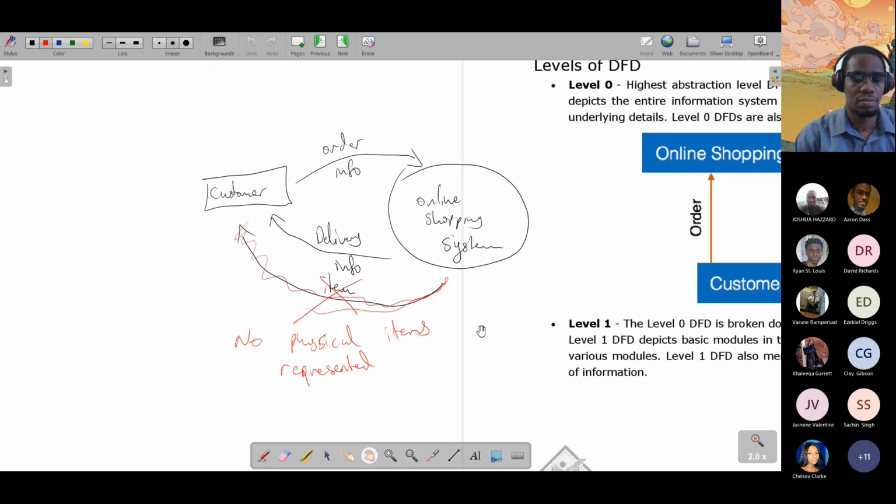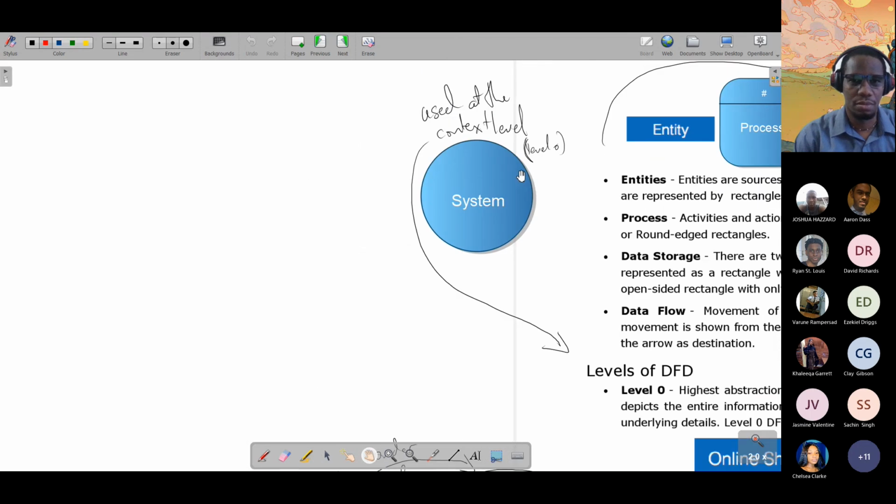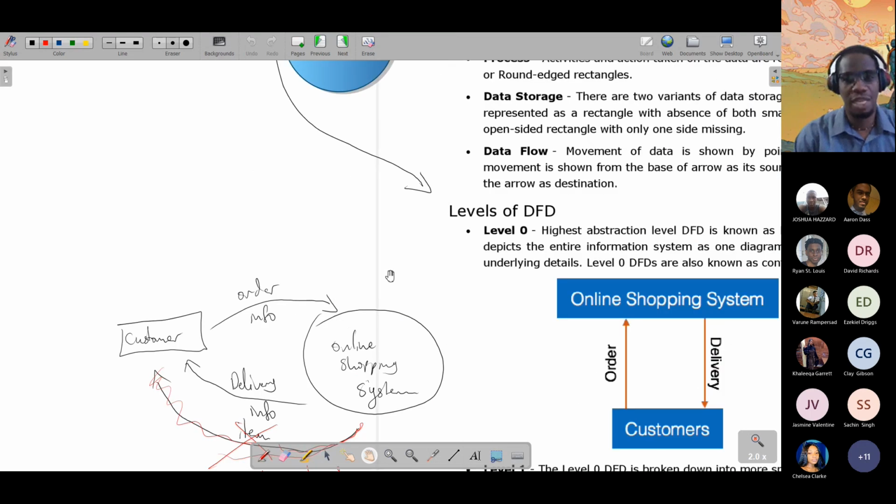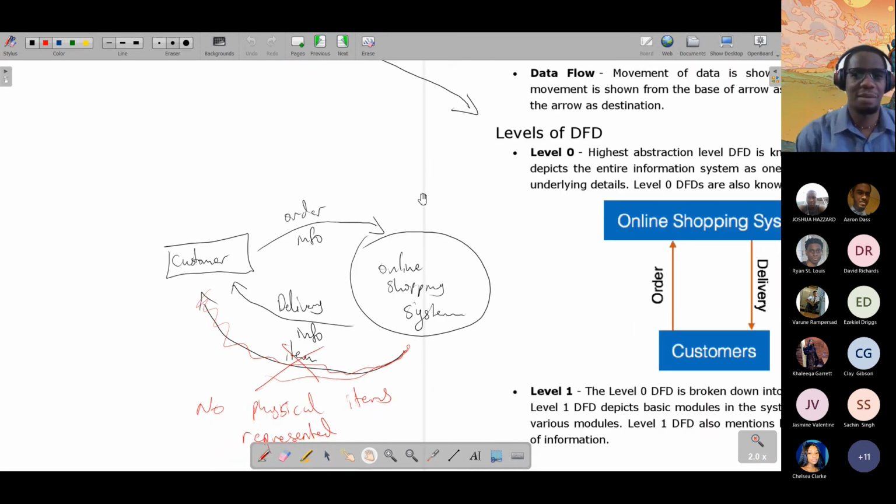Yes, sir. I see you use a circle for the online system. I know you said to use circles, but can't you use the process symbol as well? Some people use a large process box. This is just how I was taught, and I feel it's more appropriate, so I would request that you use it.